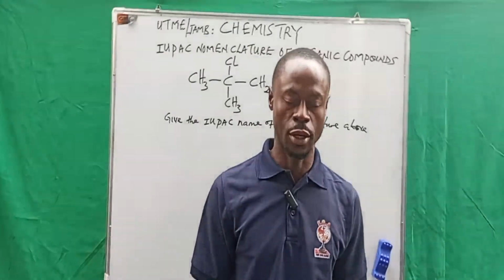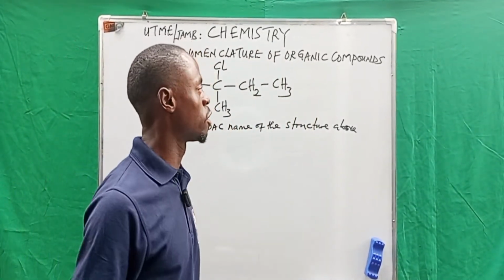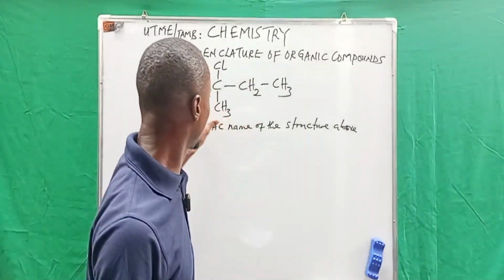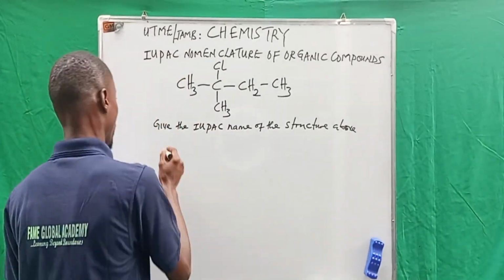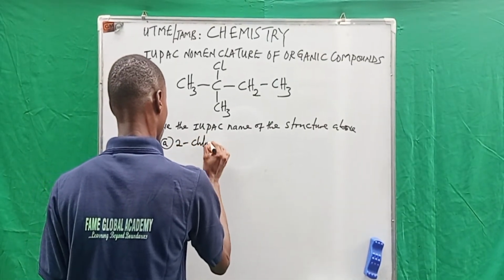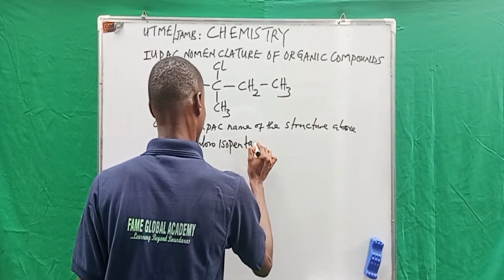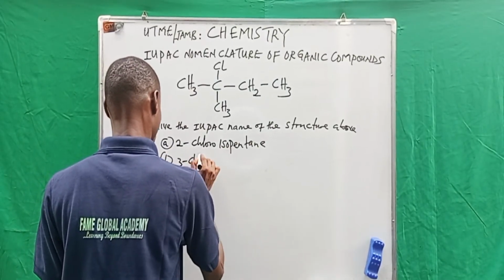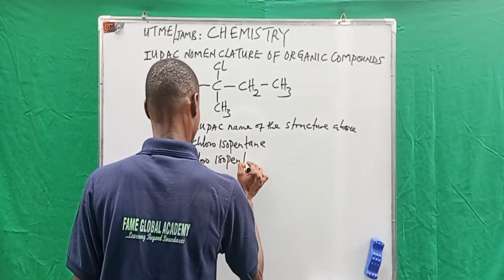All right, we have a question on the board that says the IUPAC nomenclature of the compound is what? We are asked to give the IUPAC name of the structure above. Now we have options on the board. We have A, 2-chloro isopentane. Then we have B, 3-chloro isopentane.